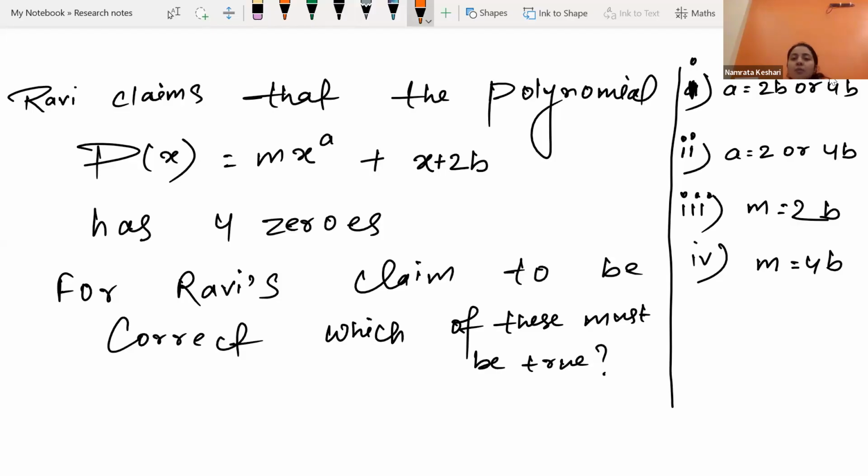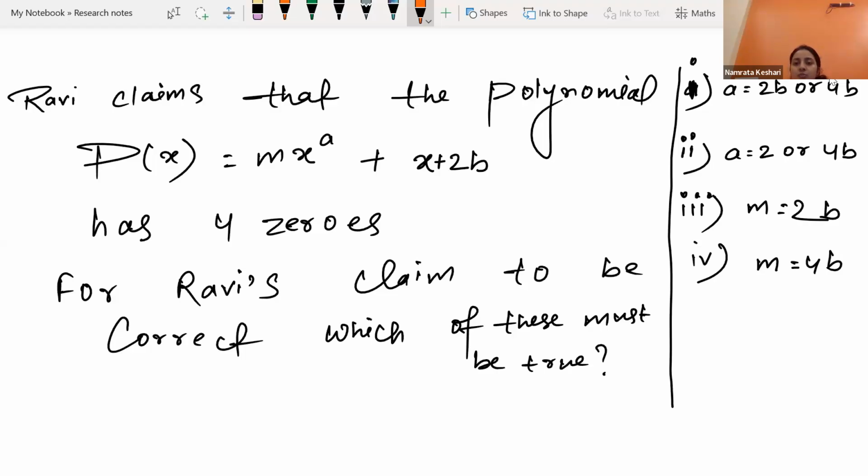We don't need to think of anything else here; we check the options and eliminate them. So the first option, a is equal to 2b or 4b. b is given. Okay, let's check another option. a is equal to 2. No, it can't be 2.